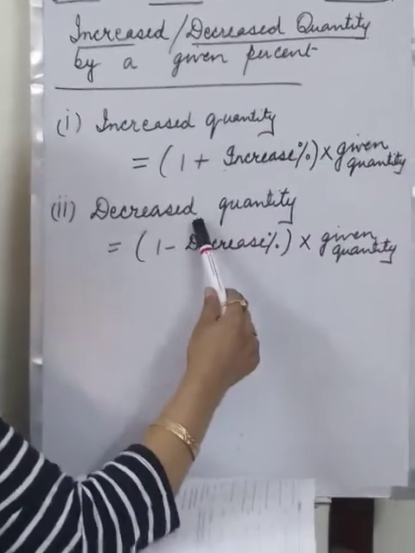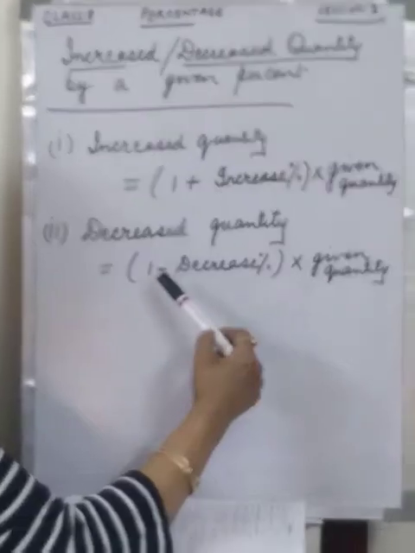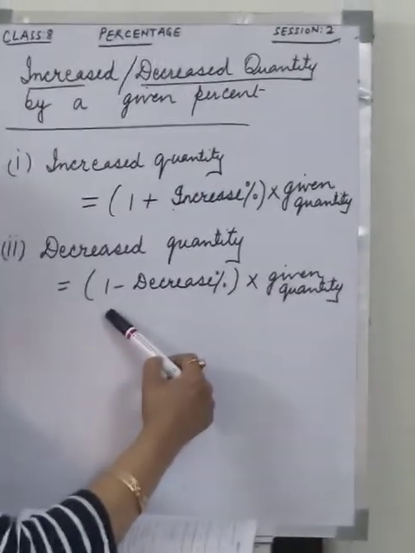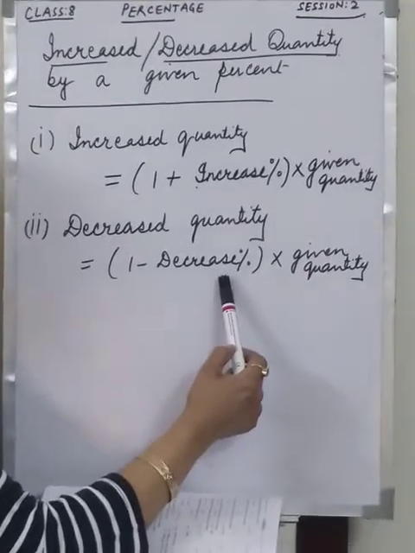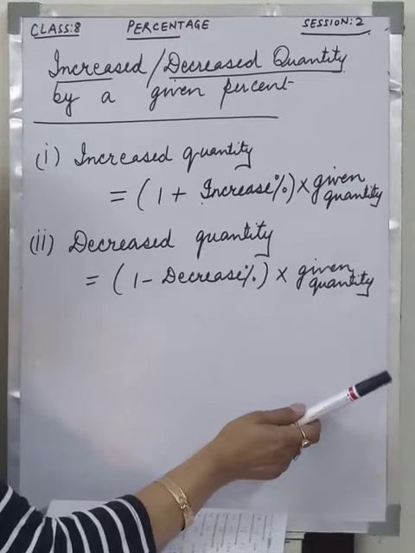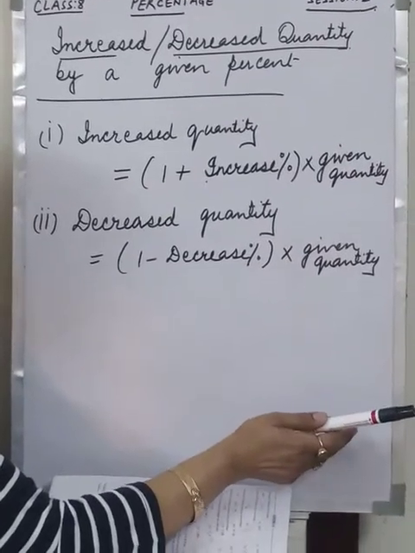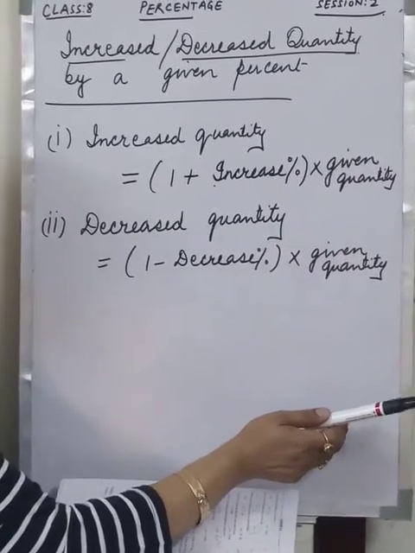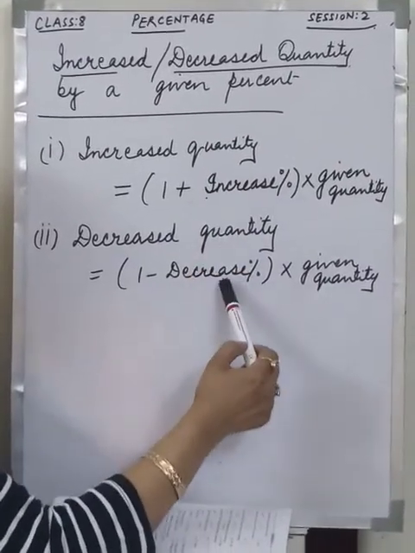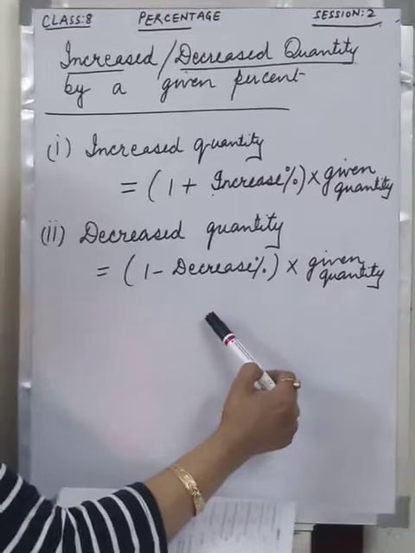If you are looking for the decreased quantity, instead of addition we subtract. So we write 1 minus decreased percent into the given quantity, whichever number or quantity we want to increase or decrease. Increase percent means increase upon 100, decrease percent means decrease upon 100.